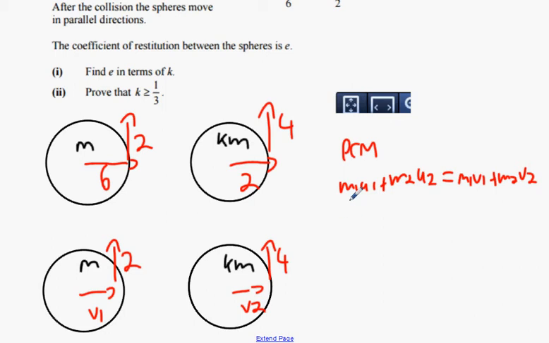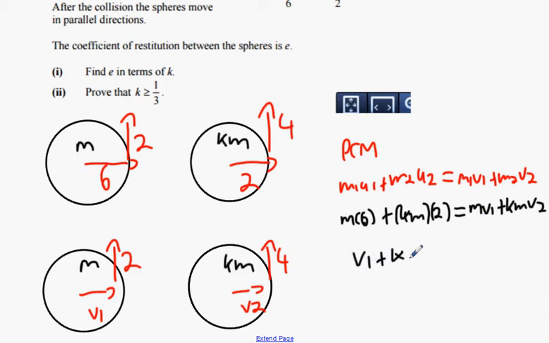So it's going to be m times 6 plus km times 2 equals m times v1 plus km times v2. I'm going to divide by m, so I'm going to get v1 plus kv2 ends up to be 6 plus 2k. Everybody happy enough with that?